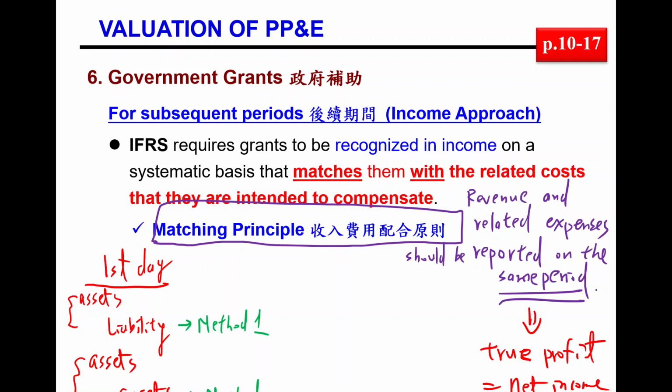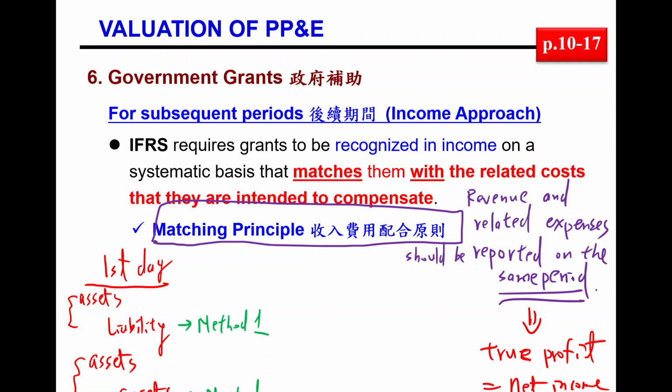Even though you are a lazy guy, you use periodic, but in the end, after the whole year, you still have to figure out cost of goods sold, your expenses. Okay? So based on this important logic, this is how we apply to the subsequent periods. Any questions?